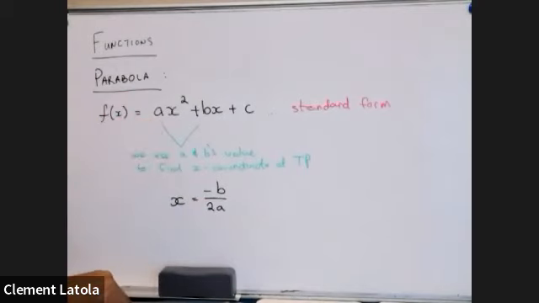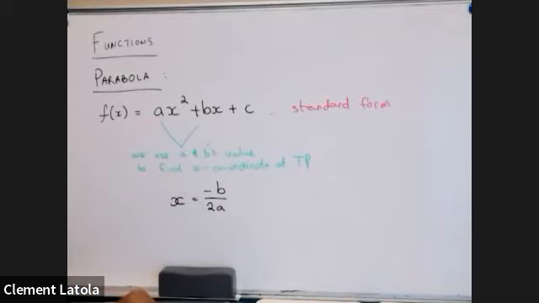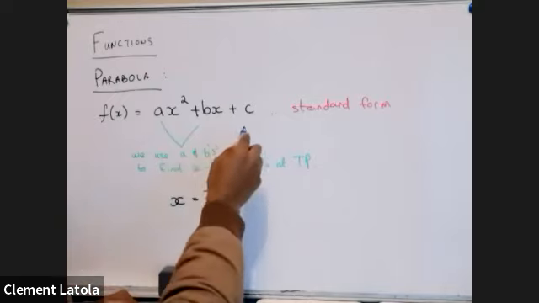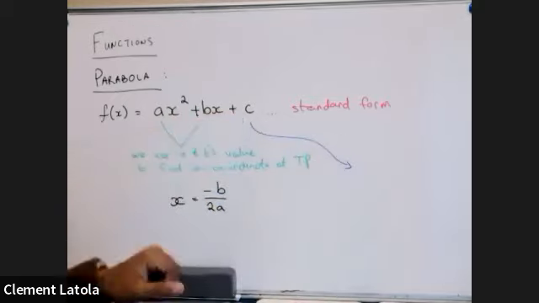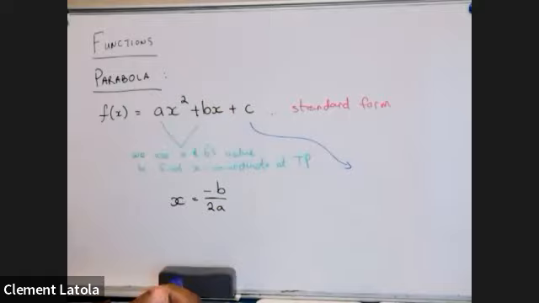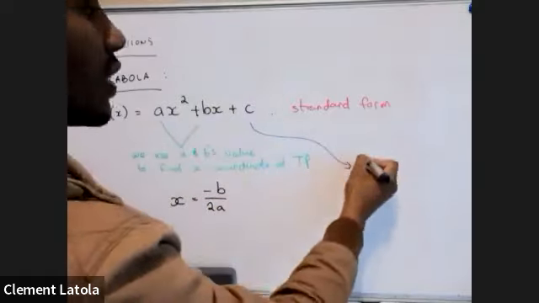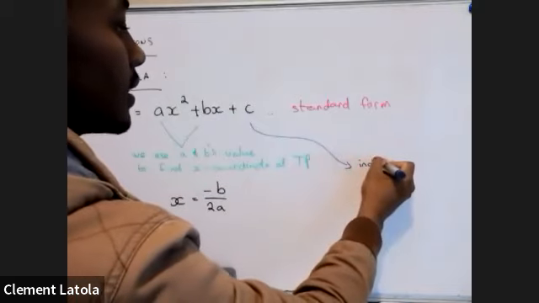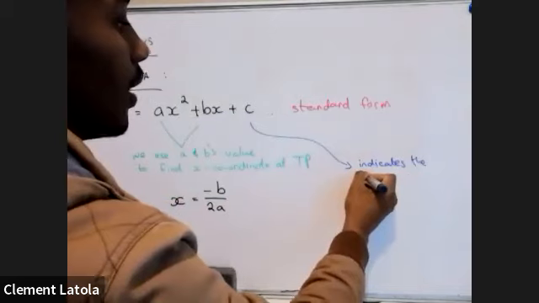Okay, so pretty simple and straightforward, but I will do an example where we go through this. Something I didn't mention: c's value is always an indication of the y-intercept.